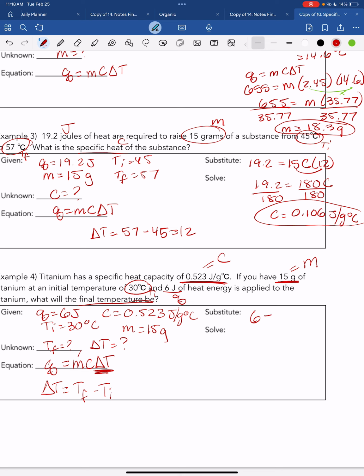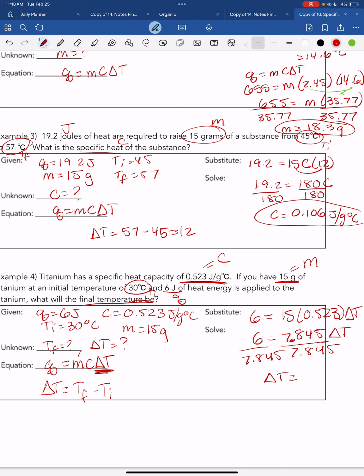So we have 6 equals 15 times 0.523, and then our change in temperature. So 15 times 0.523, we get 7,845. Oh, nope, that is wrong. I multiplied it wrong. It's 7.845. And then we can divide by 7.845.